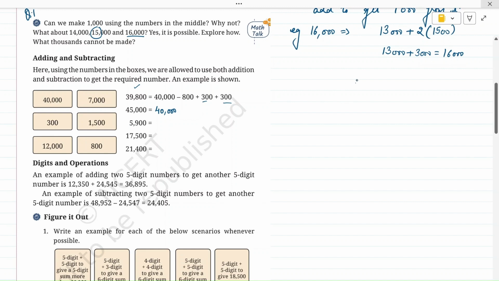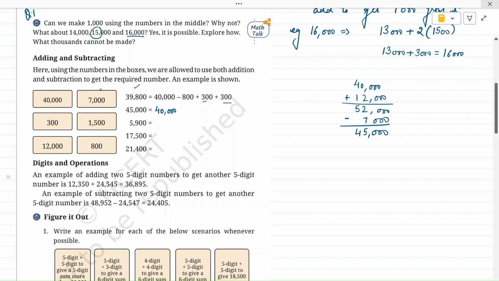If we do something like this to this 40,000, let's add 12,000. So if I am adding this, it will become 52,000. Now I want 45,000. So I will subtract this 7,000 from 52,000. Okay, so this will give me 45,000.